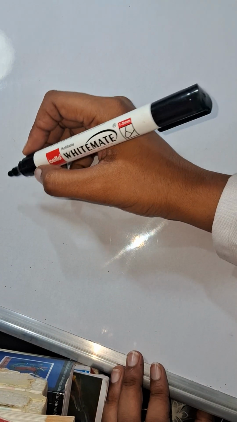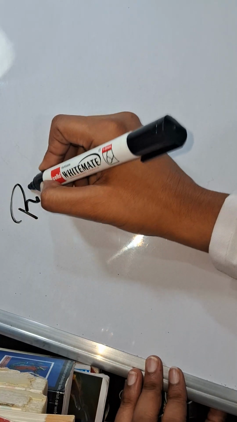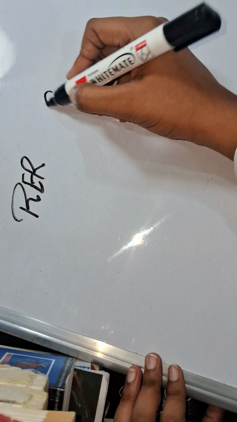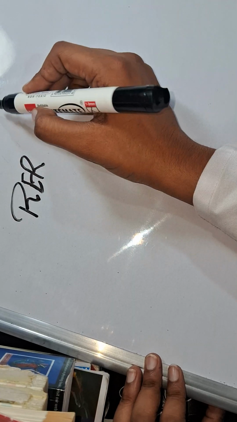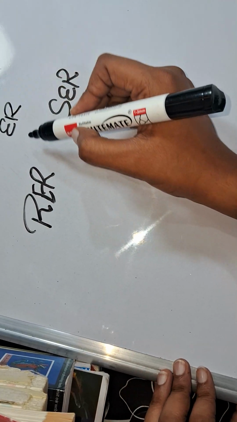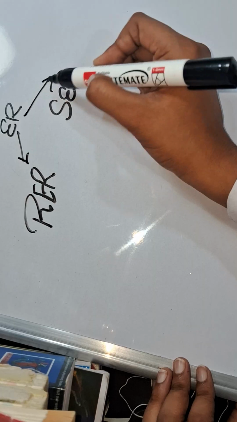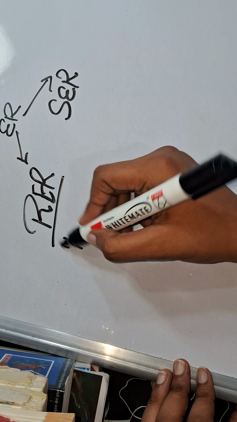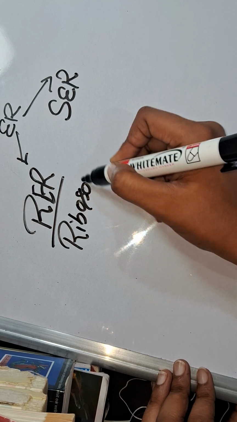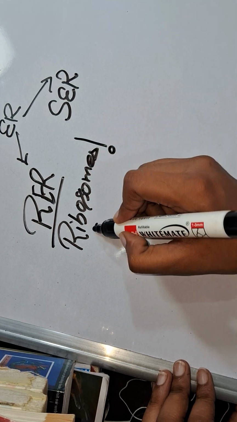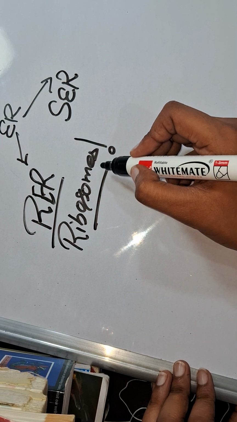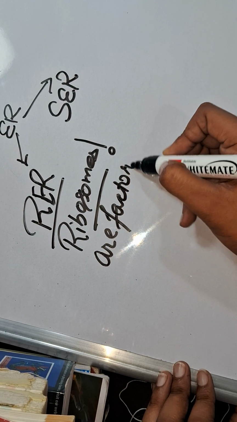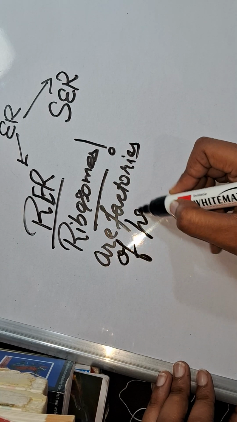First of all, we were talking about RER and SER, which are the types of endoplasmic reticulum. As I told you earlier, the rough endoplasmic reticulum contains ribosomes, and ribosomes are the factories of protein.